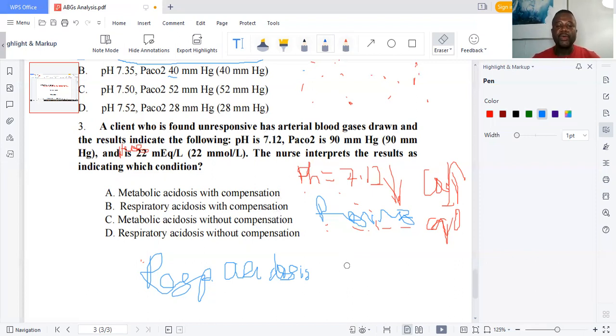So for it to be compensated, the pH has to be within normal range. But our pH is 7.12, which is not within normal range. So this condition is respiratory acidosis without compensation.